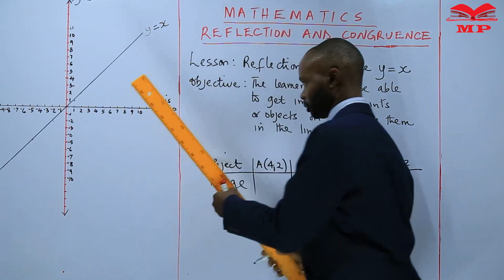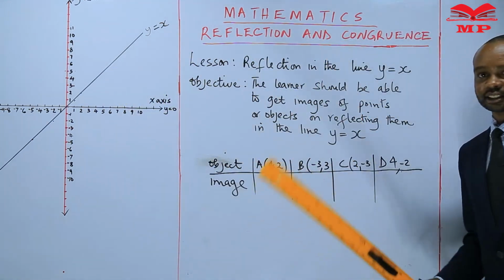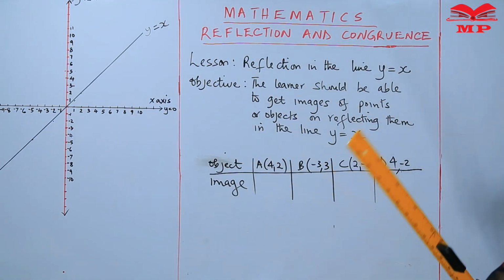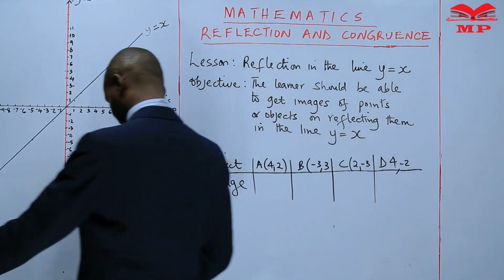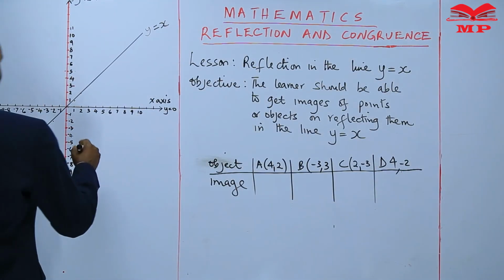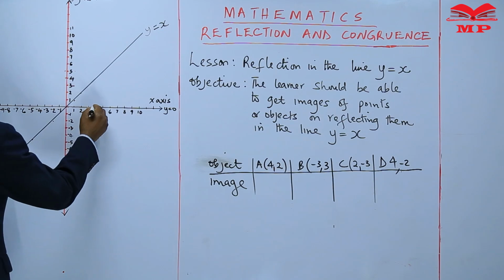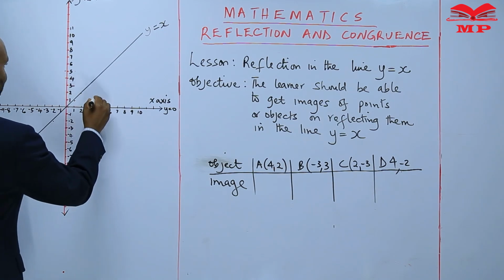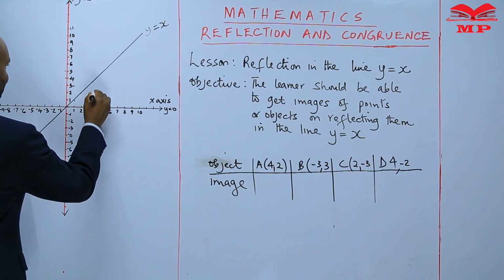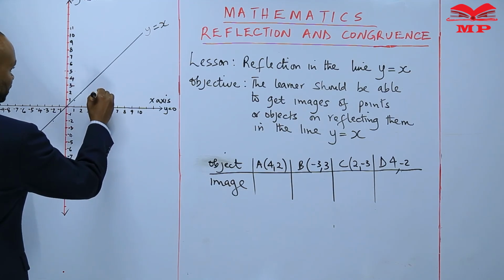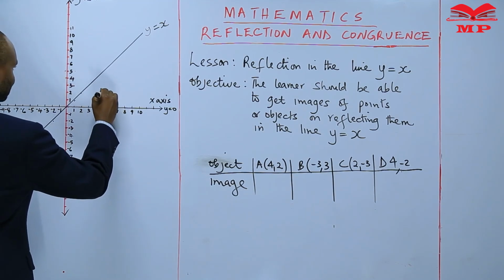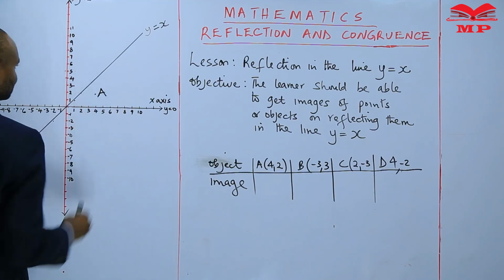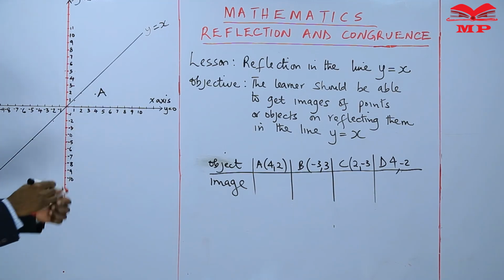So we shall go to the Cartesian plane. We start with the first point. Our first point A is 4, 2. You come here, 4 and 2. That is our point A. You check very carefully.